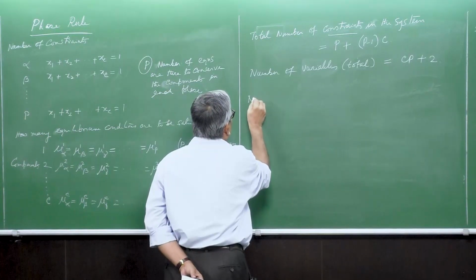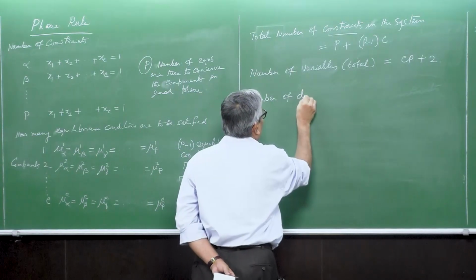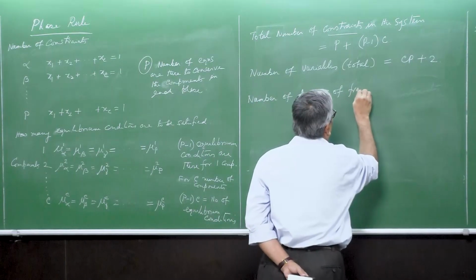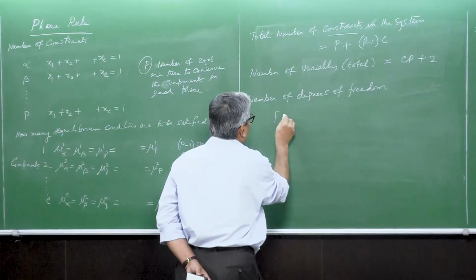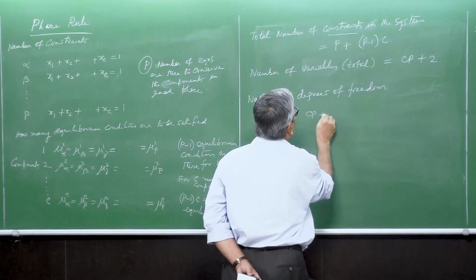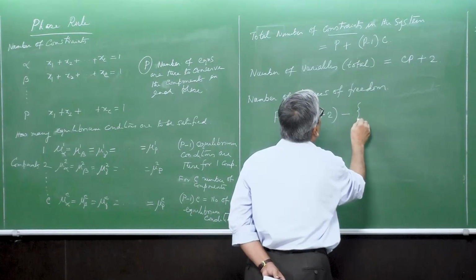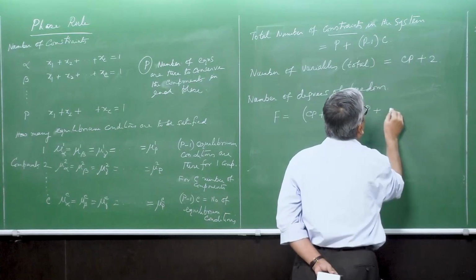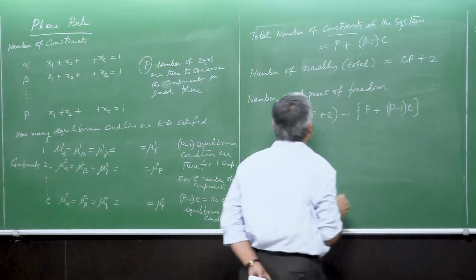Therefore the number of degrees of freedom, we call it F. F is basically CP plus 2 minus P plus P minus 1 times C.